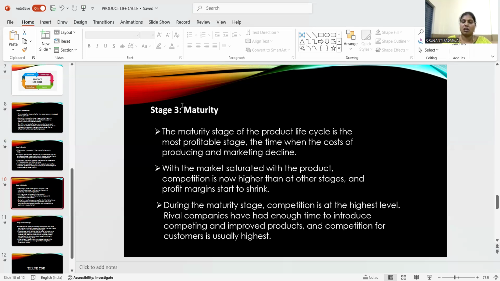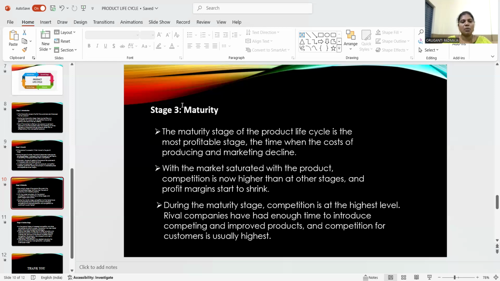Competition is now higher than at other stages and profit margins start to shrink during the maturity stage. Competition is at the highest level.